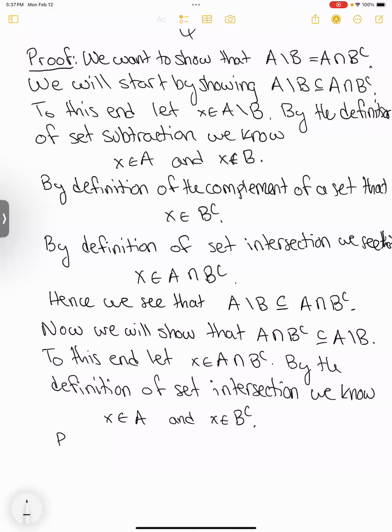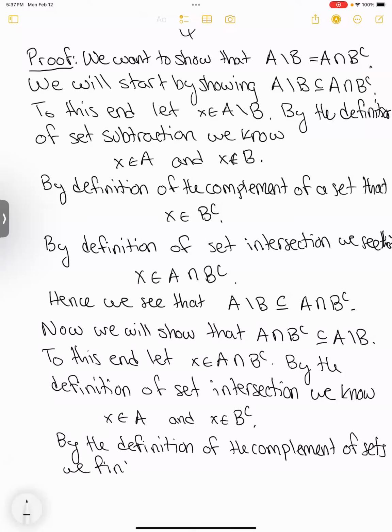Okay, by the definition of the complement of sets, we find that x is not in B, and we're getting close to being done here.